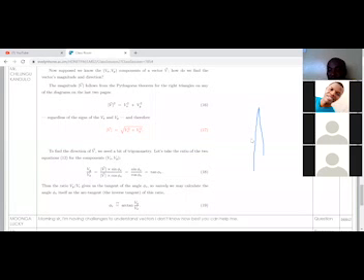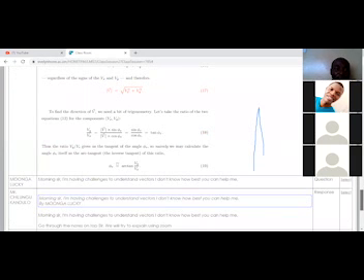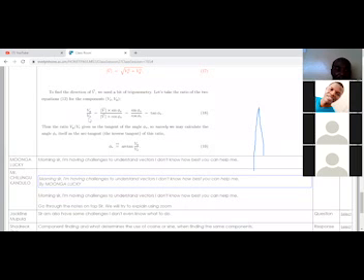Then we also established that vy over vx is tan phi. So to get phi, you use the tan inverse, or arctan, of vy over vx. These are simple concepts, but we needed time to go through just one example.